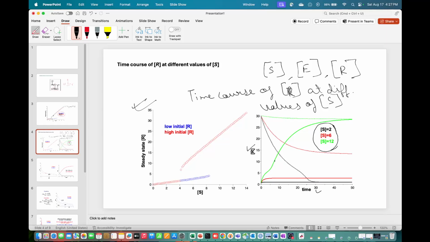These three solid lines, green, red and blue or black, show you the formation of R and how it varies with time. Now if you notice, for S equal to 2 and S equal to 6, these two lines are pretty close to each other. What it means is these two will have similar steady states.